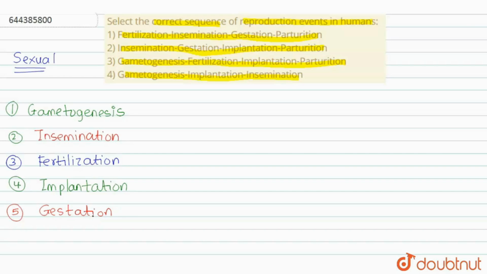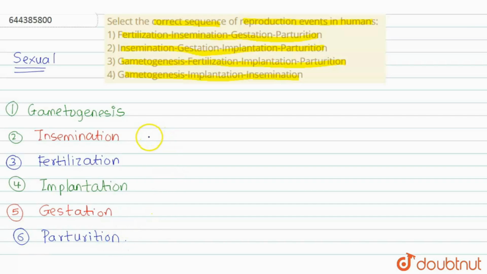Gestation is the period of pregnancy of 9 months. After 9 months, the baby is fully grown, so it has to move out of the genital tract into the free environment. This process of delivery of the baby from the female genital tract is called parturition.